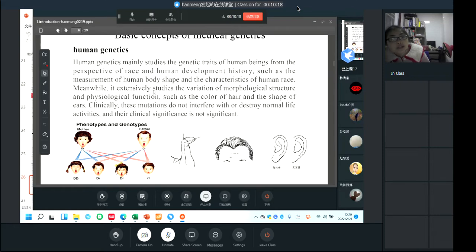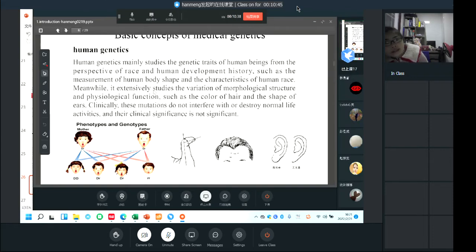What is human genetics? Human genetics mainly studies the genetic traits of human beings from the perspective of race and human development history, such as the measurement of human body shape and the characteristics of human race.